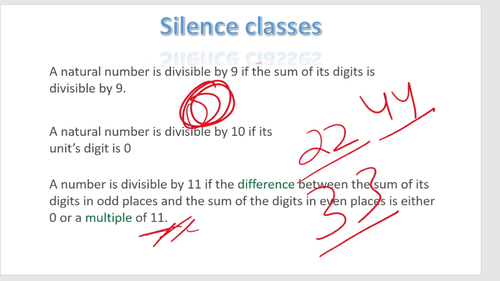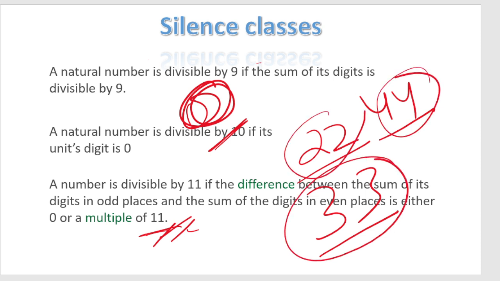If the difference comes 0, or a number which is divisible by 11, we can say the number is divisible by 11.